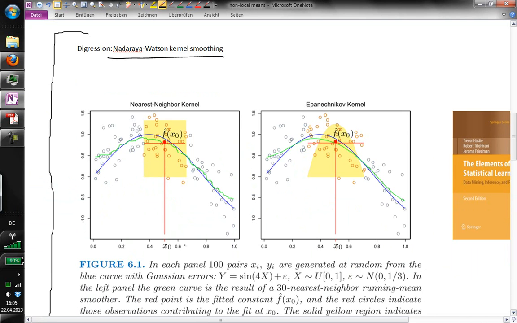So I have one feature X, and I have one response Y that I'm trying to approximate with a function f hat of X. You see here a blue line from which the data was generated, and then you see all these random observations. And shown in green is the nearest neighbor estimator.